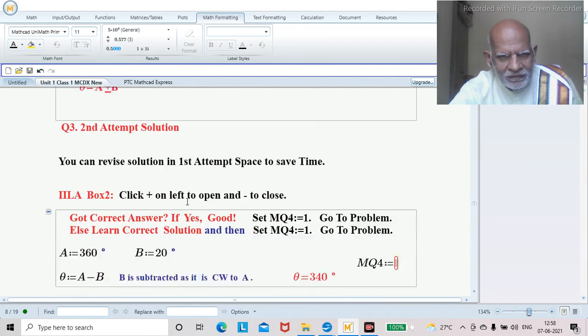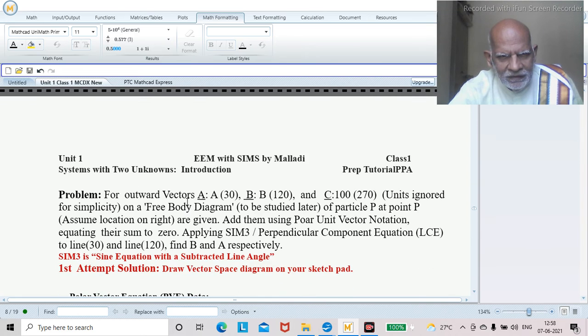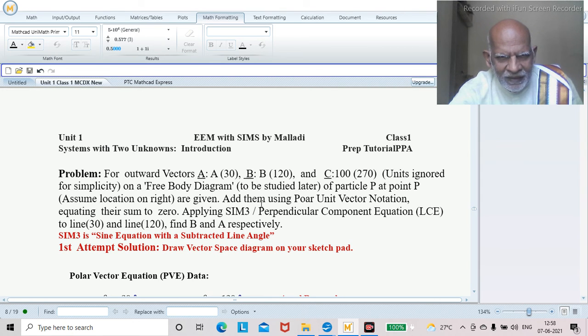Now here is a problem. This one has more steps. For outward vectors, A 30, B 30, these unit vectors, ignoring some simplicity, add them using polar vector notation, equating their sum to 0, applying sine 30.